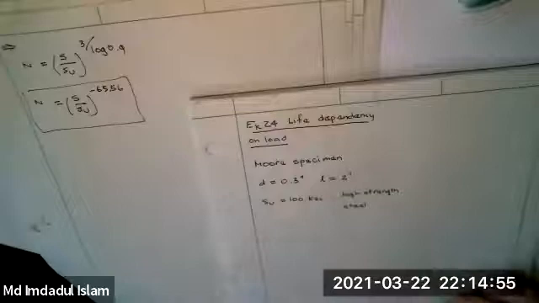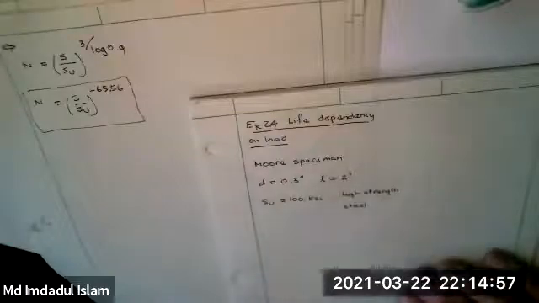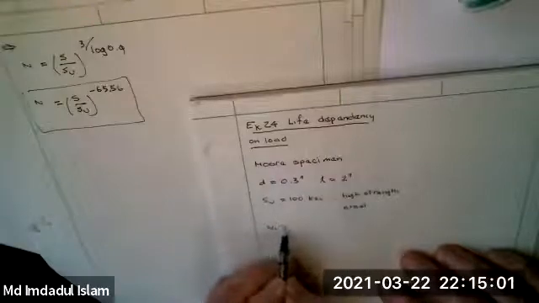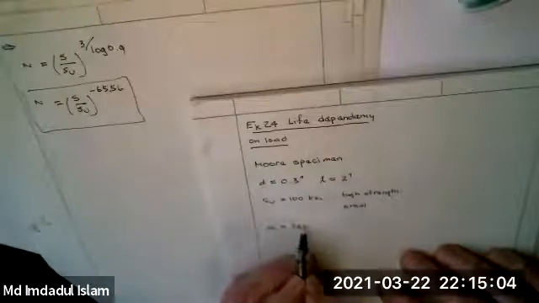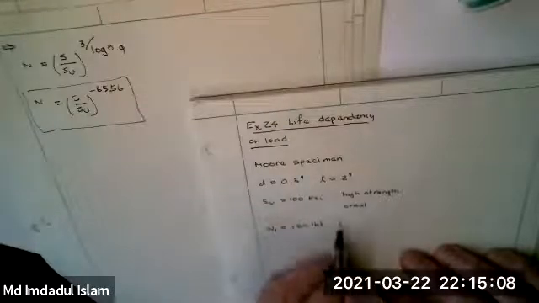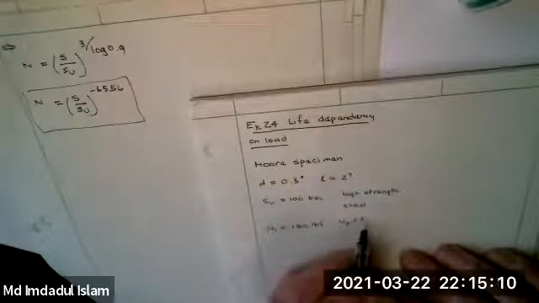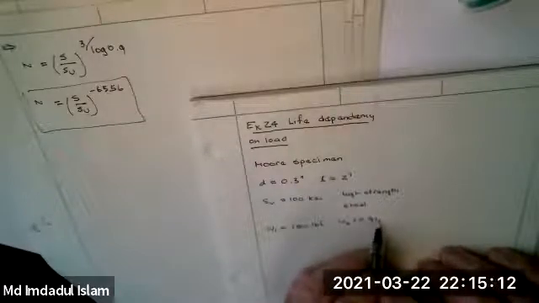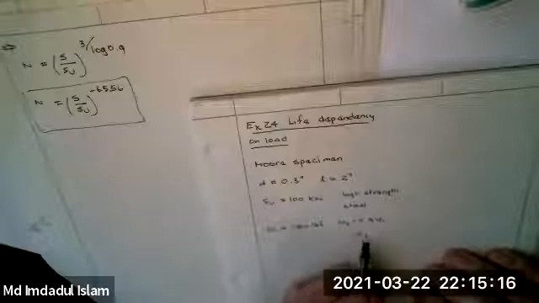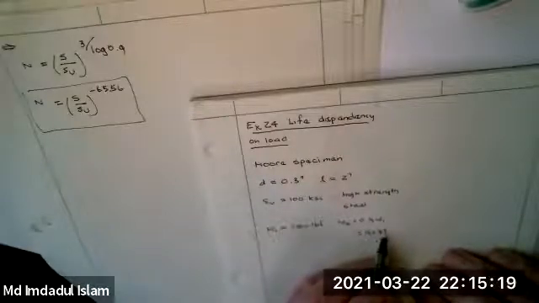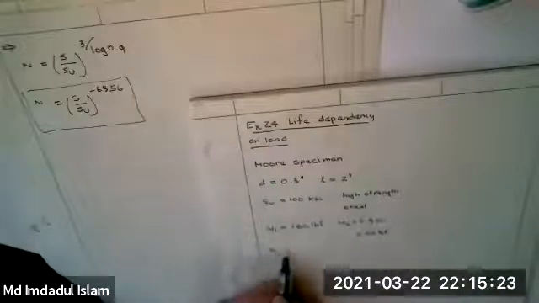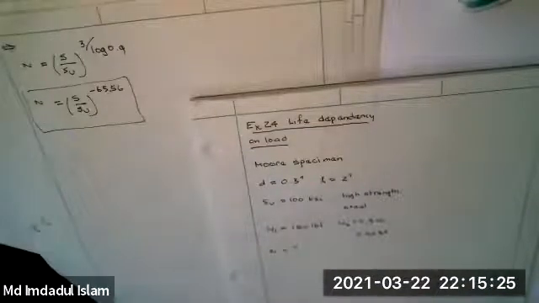This is a reasonably high strength, not common construction steel. Then I'm going to ask the question, we're going to have 2 loads, W1 is 180 pounds force, and W2 is 90% of W1, which is 162 pounds force. So I'm going to ask the question of what's going to happen to the life when you drop the load by 10%.